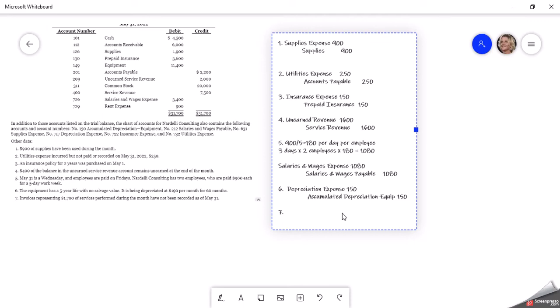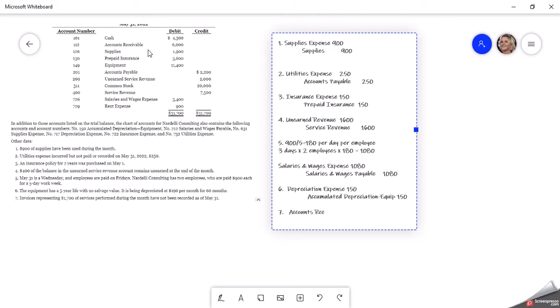And that says invoices representing $1,700 of services performed during the month have not been recorded. So then that means that we've earned revenue that we have not recorded or billed out. So in that case, we are going to debit accounts receivable, which already exists up there. So that's not a new account.